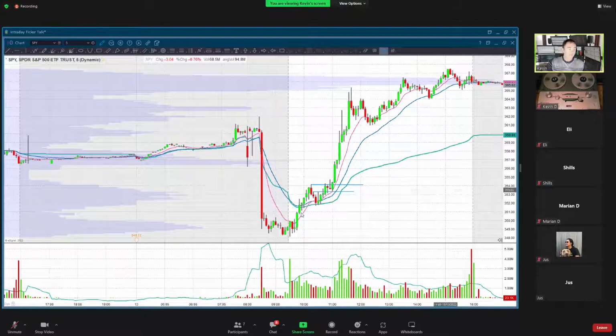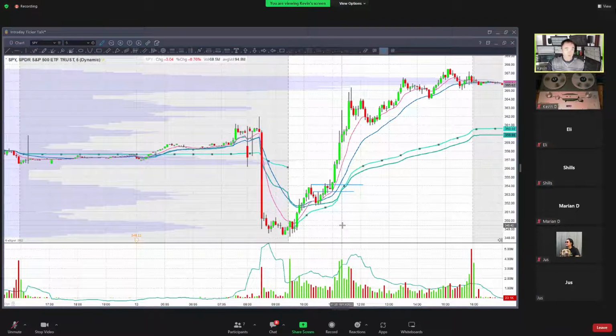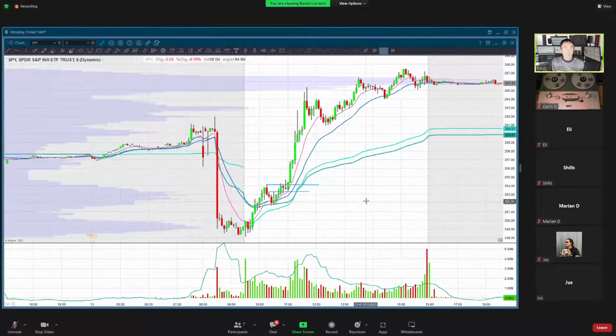I have another VWAP that starts from the regular trading hours. This lighter one starts working at the open, and you can see they do more or less start to converge as the day goes on, but early in the day they're quite different.